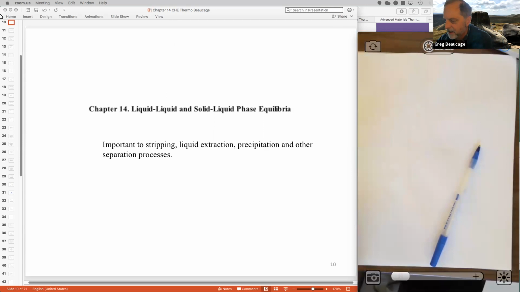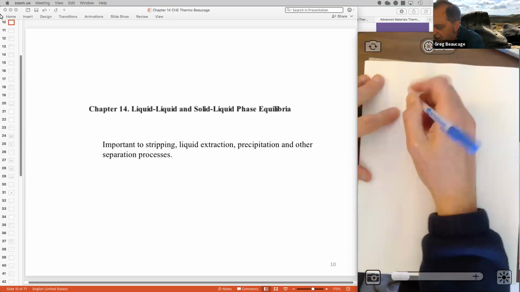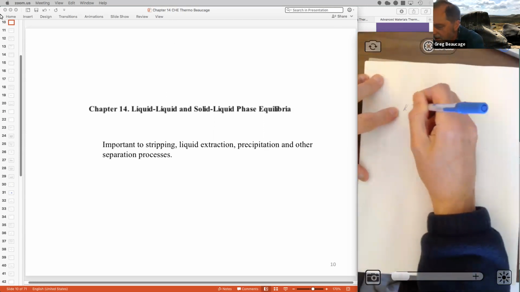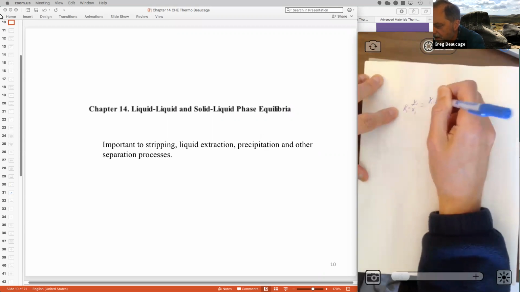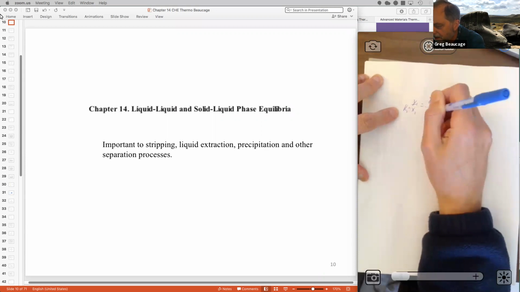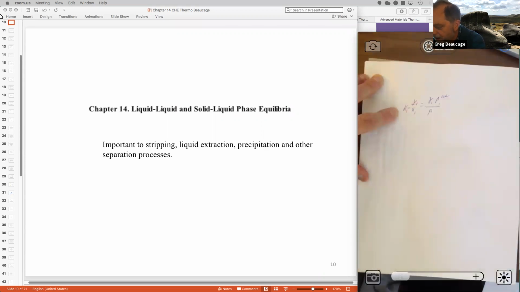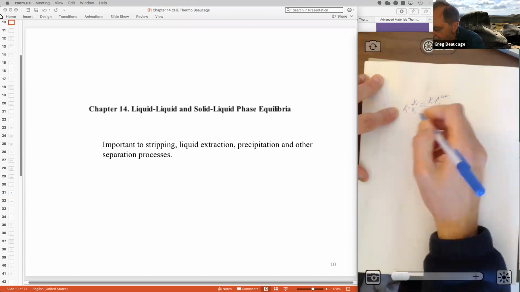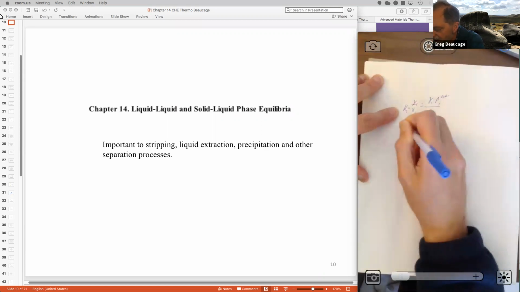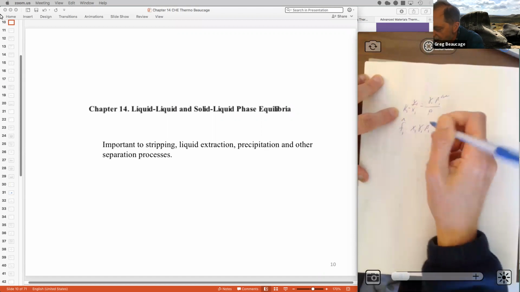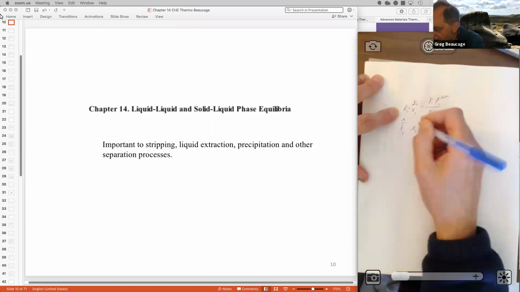So we had for our mixtures the K ratio, K1 is y over x for the vapor liquid equilibria, and that equals gamma 1 P sat 1 over P. Right, so we have this expression x1 gamma 1 P1 sat, this is the fugacity of 1, and say it's in an alpha phase.